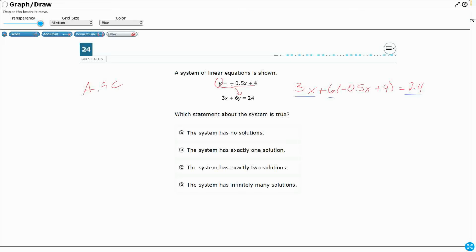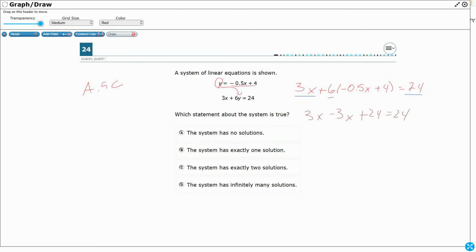And then I swapped out my y with -0.5x plus 4. So we just need to distribute 6 to the negative 0.5. So 6 times half is what that's asking for, which is 3. So negative would be negative 3. And then 6 times 4 is 24.